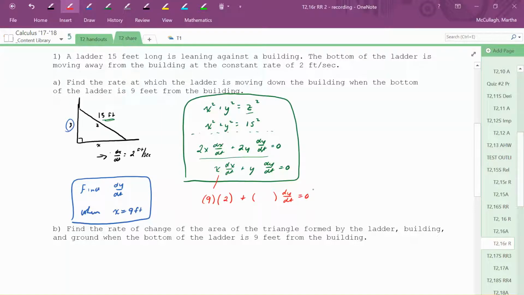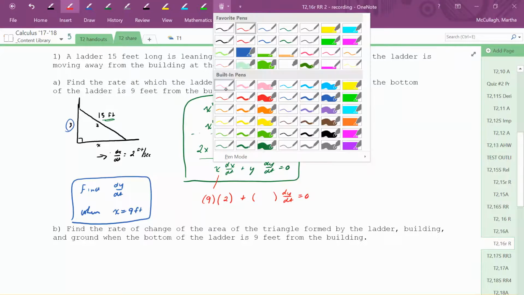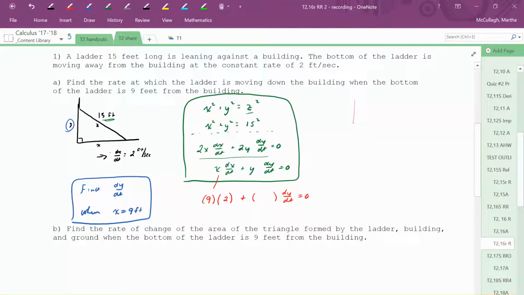So I'm going to come over to my side box here. I'm going to say what's going on at this moment in time is that this triangle is still, my ladder length is still 15.